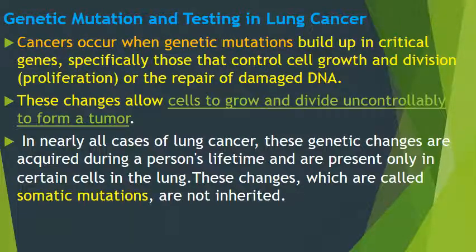Genetic mutation and testing in lung cancer. Lung cancer is considered one of the cancers that has genetic mutation in the form of somatic mutation. There is mutation in the genes that control cell growth, division, and proliferation, or the genes responsible for the repair of damaged DNA.